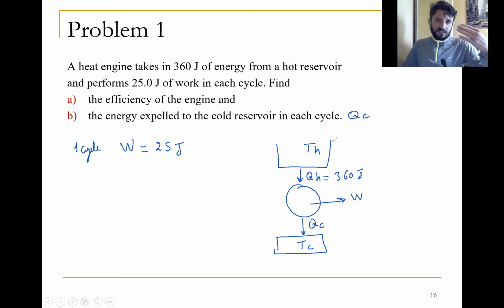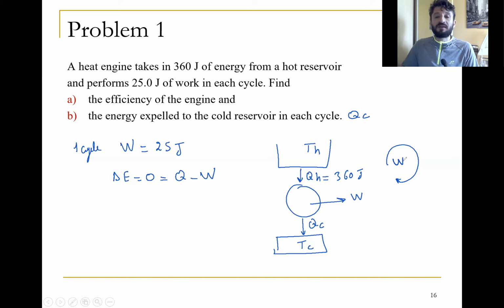For each complete cycle, delta internal energy equals 0. And according to the first law of thermodynamics, we have delta E equals omega plus Q, or you can say Q minus omega. For the heat engine, we have a clockwise cycle. In general, we have a clockwise cycle. In this case, the omega done by the gas must be positive.